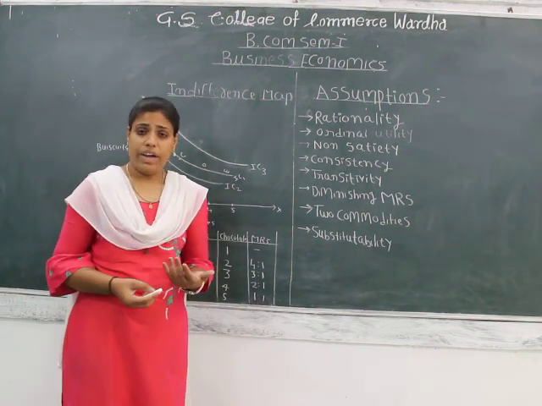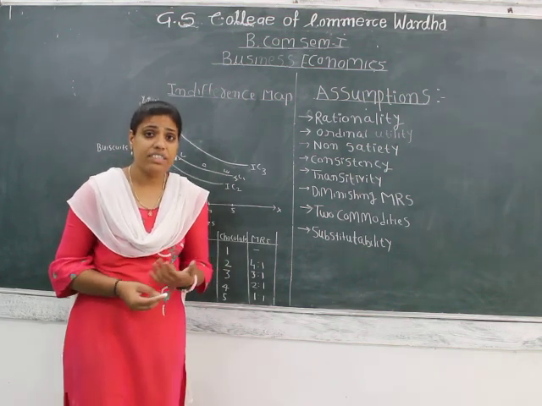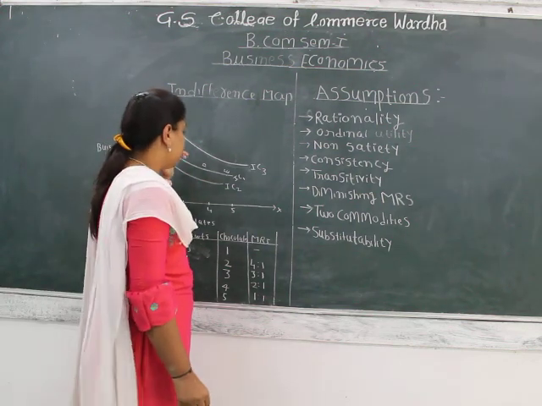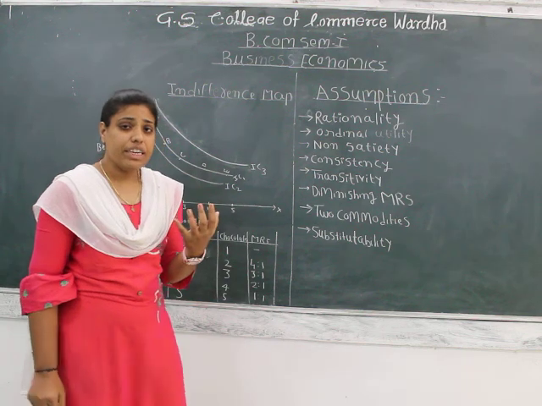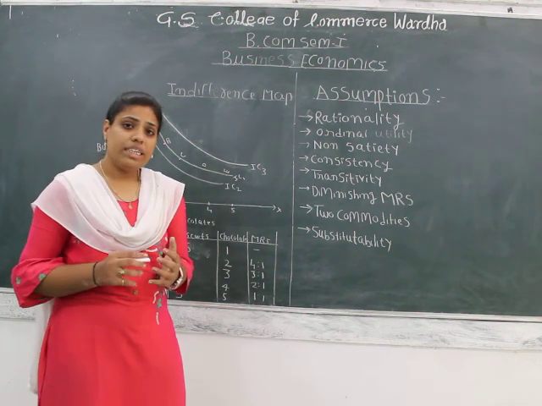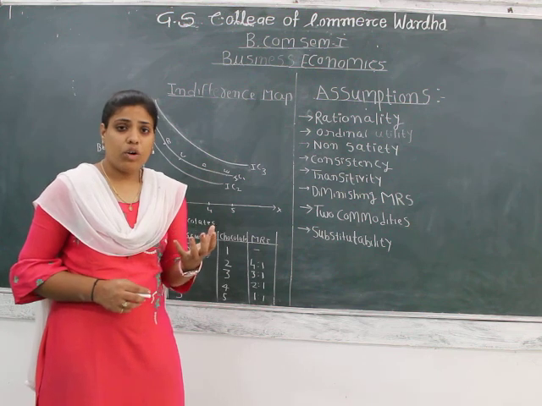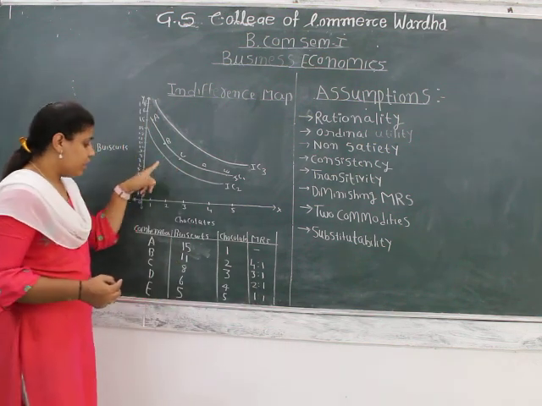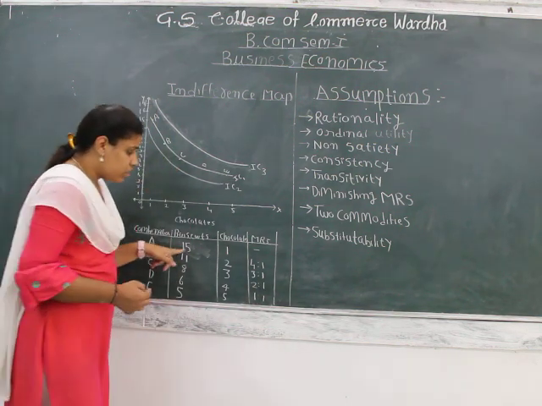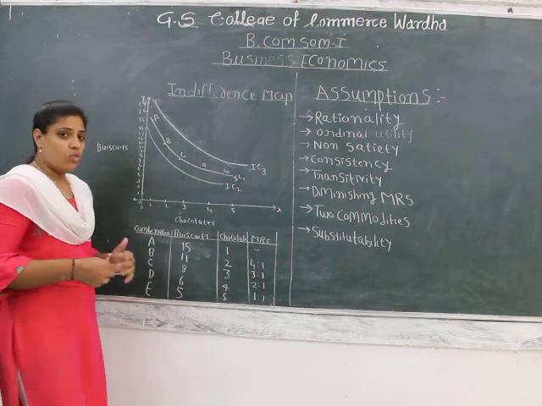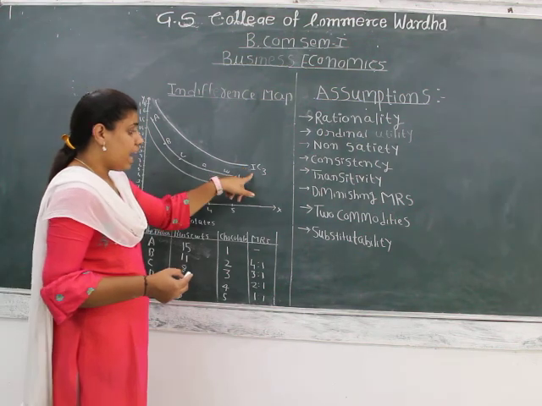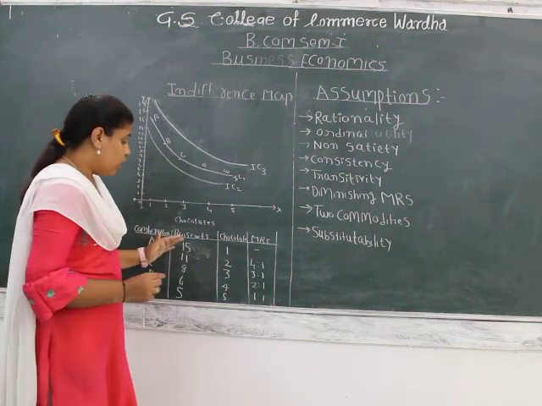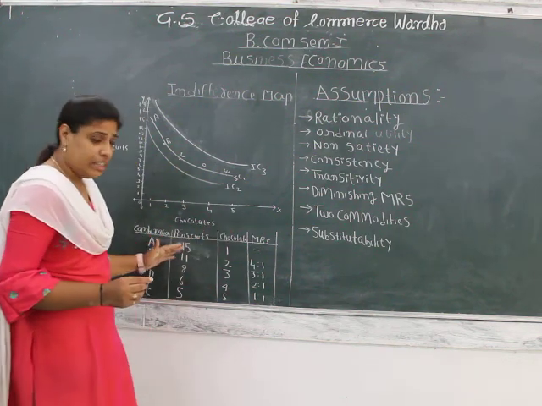So why is it so? Why does the higher indifference curve give a higher level of satisfaction? Because a higher indifference curve contains combinations of the two commodities in which the amount of the commodities is more. Like, on this indifference curve there are 15 biscuits and 1 chocolate in combination A. On IC3, that is on the higher indifference curve, there may be a combination where the amount of either biscuits or chocolates is higher than this combination.